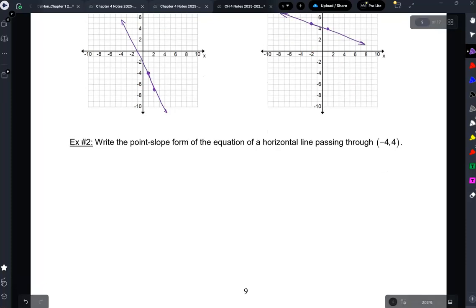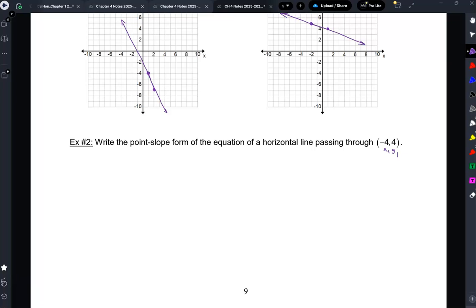Okay, point slope form of an equation of a horizontal line through the point negative 4, 4. So now I'm sifting through this and I'm like, wait a minute, Ms. Malikan said I needed a point and a slope. Do we have a point given to us? Yep, it's this one. So label it x1, y1.